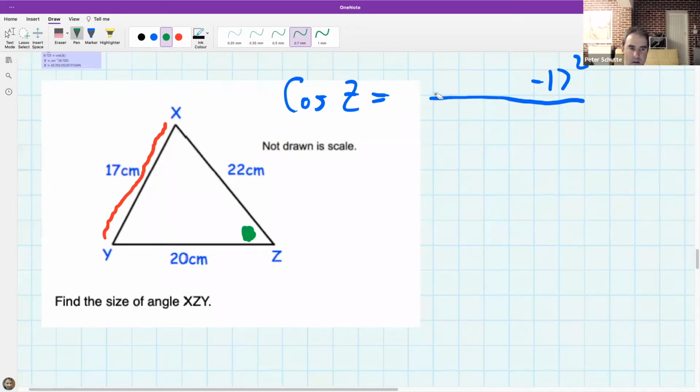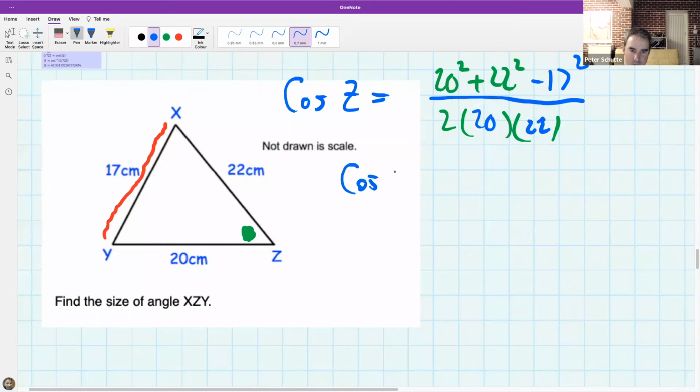And then I know I have 20 squared plus 22 squared over 2. And what are those? They're going to be 20 and 22. So then, what are your answers, guys? Let's keep them coming in.